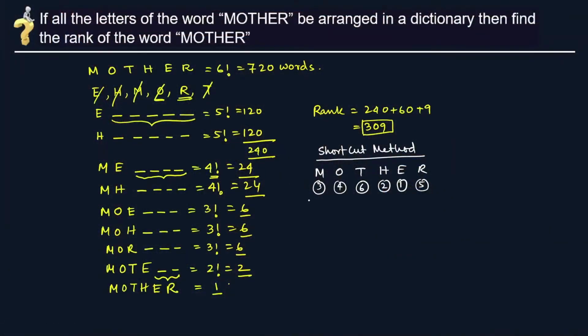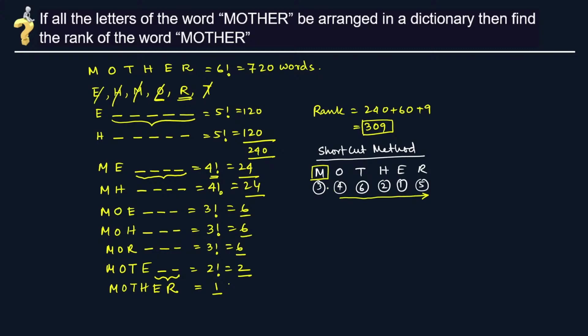After that, now listen carefully. First I am considering the alphabet M. You have to see what is the number you have assigned with M. It's 3. Now you see the right side of M and check how many numbers there are which are less than 3.